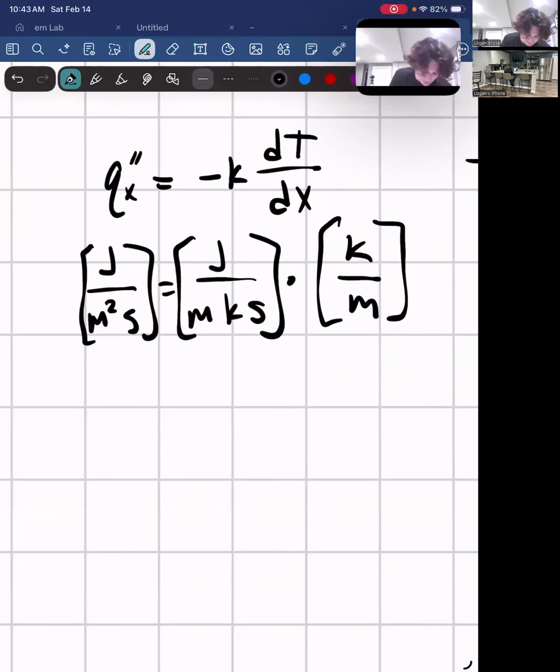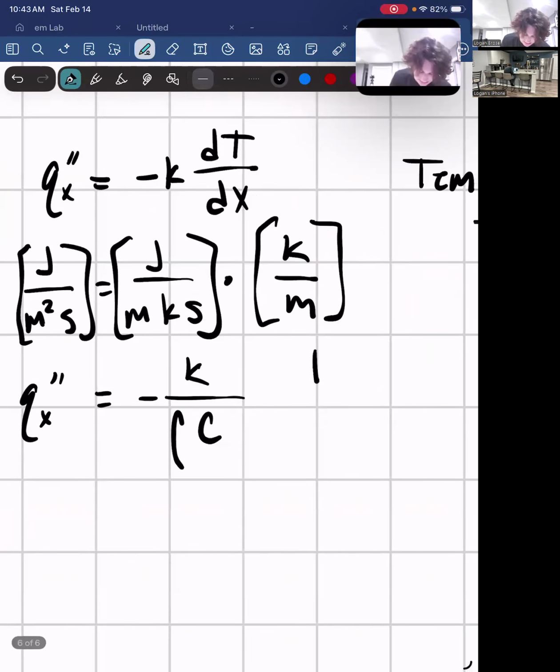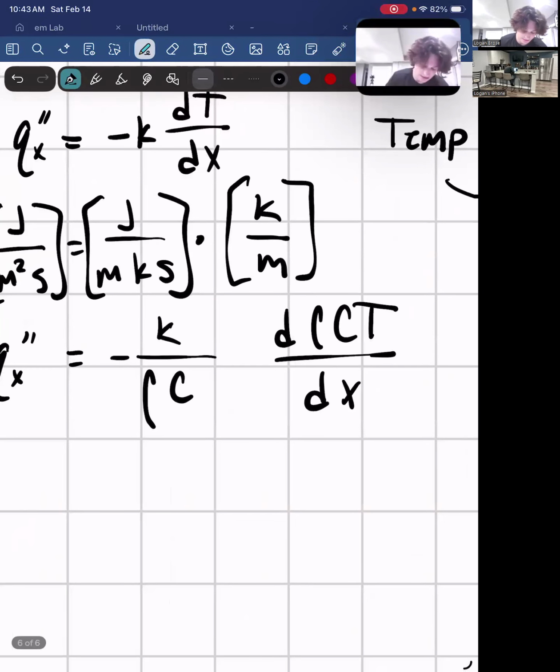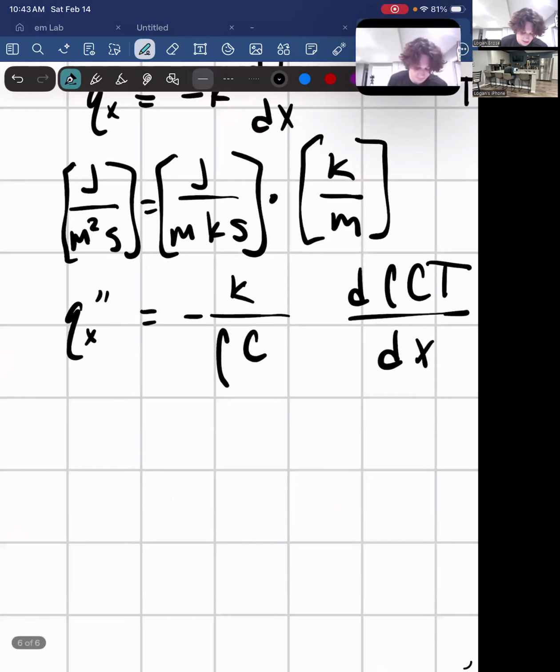But our new equation will be minus K over rho C times d rho CT over dx. So this essentially doesn't change our equation because we are multiplying it and dividing it. So units here stay the same, right?